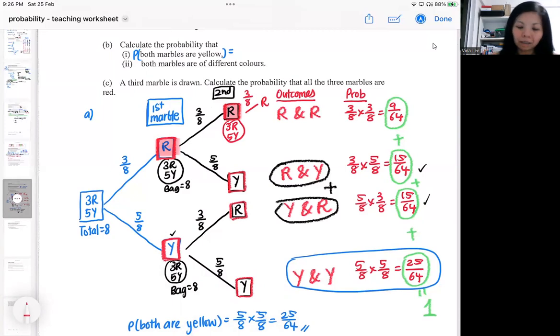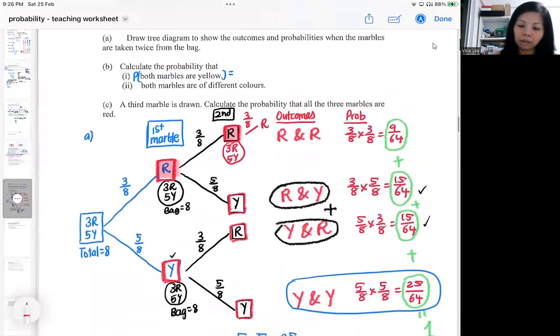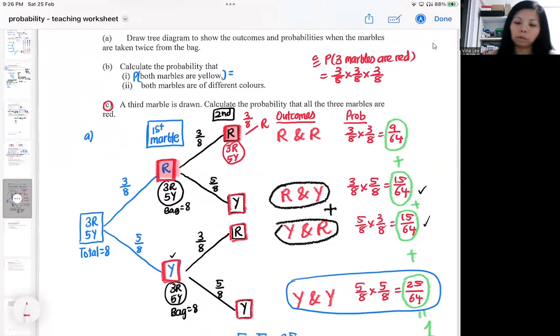So without extending my probability tree, I can find the probability that all the 3 marbles are red. That will be 3/8 times 3/8 times 3/8. You can punch the calculator from there, and you will get 27/512.